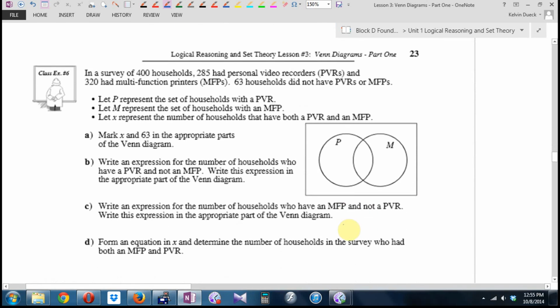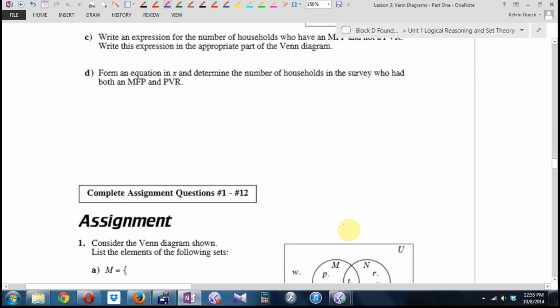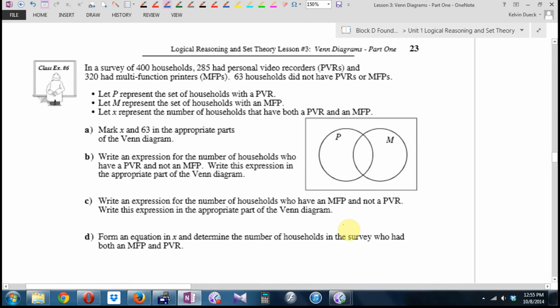Okay. I think this is our last one? Yeah, last one, and I can turn you loose. I'm going slow because this is very foundational. So, here's our survey. 400 households. What that means is when I'm done, everything better add up to 400. 285 had personal video recorders, PVRs.